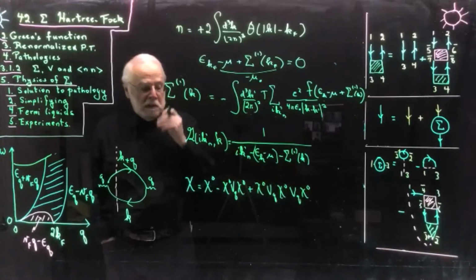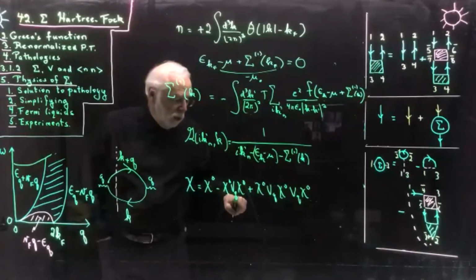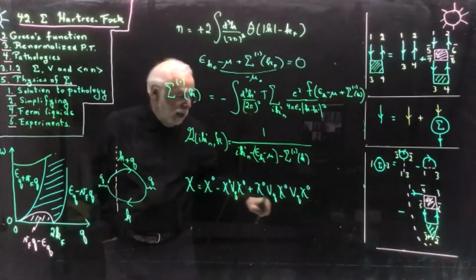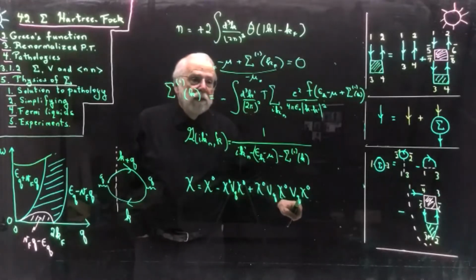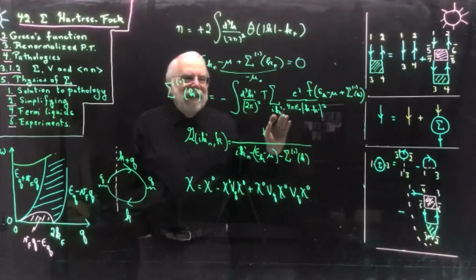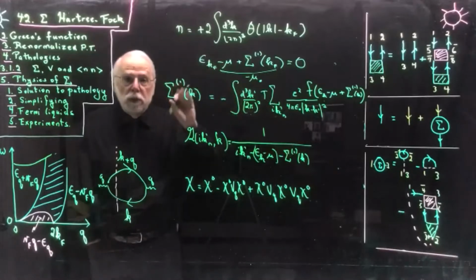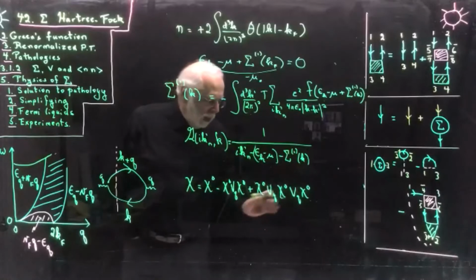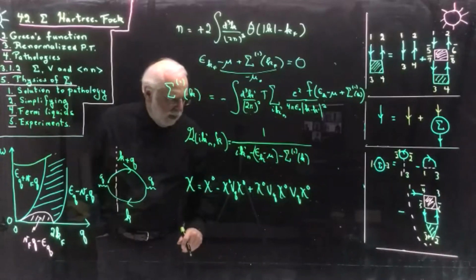Because this goes like 1 over q squared. So chi would just be divergent at low frequency, like 1 over q squared, and then like 1 over q4, and like everything. So if you think in terms of simple perturbation theory in the Feynman way, then you get this sort of paradox.